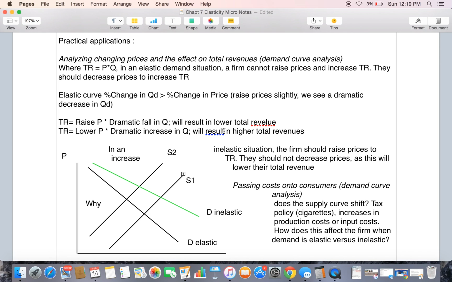And the reason being that a small increase in price leads to a large decrease in quantity. A large decrease in quantity times a small increase in price, this drastic decrease in quantity will overtake the increase in price gains that we have and will result in a lower total revenue.